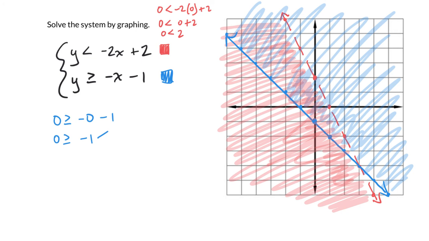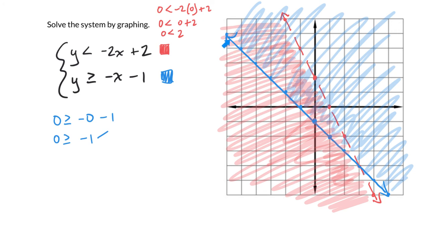Now the solutions are going to lie where our blue shading and our red shading overlap. And we also have these boundaries here. So this blue line is going to serve as a boundary. The dashed red line will serve as a boundary. And then all the stuff that's inside here where we have our red and blue shading, that's where all of our solutions lie.